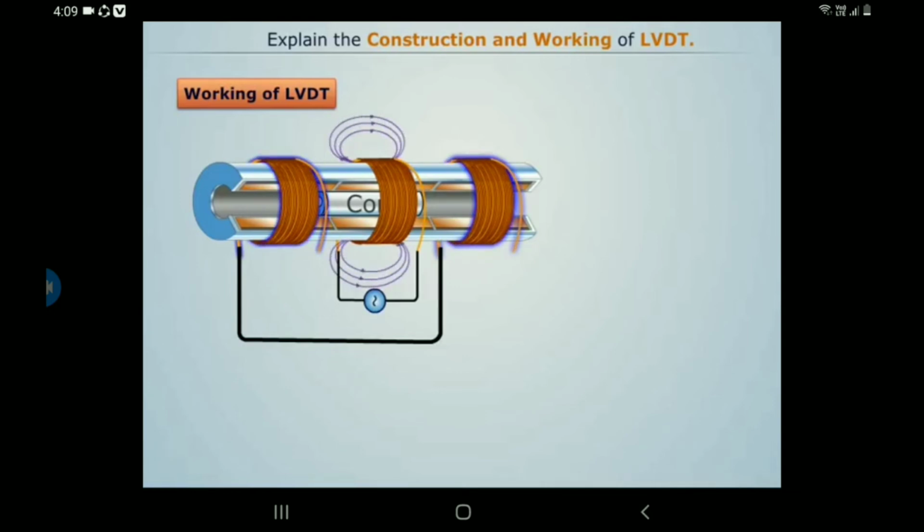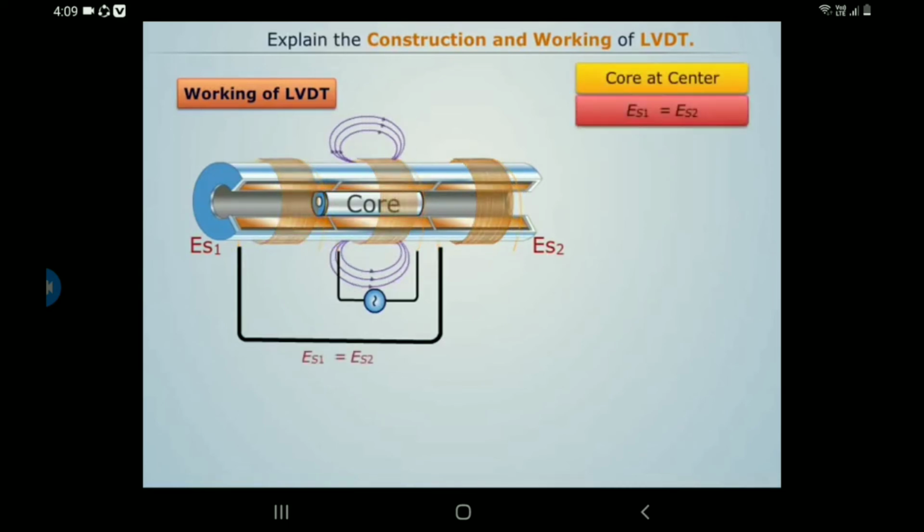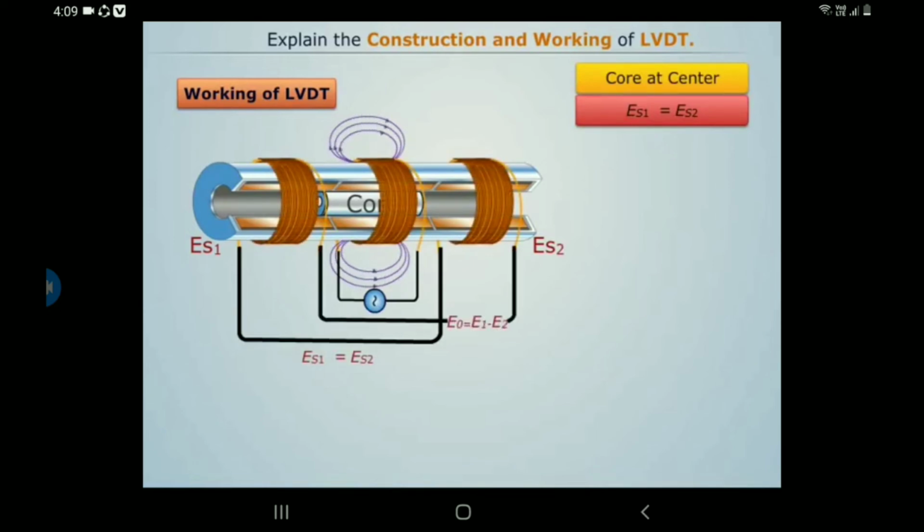When this varying magnetic field interacts with the secondary coils, an EMF is induced in the two secondary coils. Initially the core is placed in such a position that equal EMF gets induced in both the coils, due to which the net EMF of the two secondary coils becomes zero.